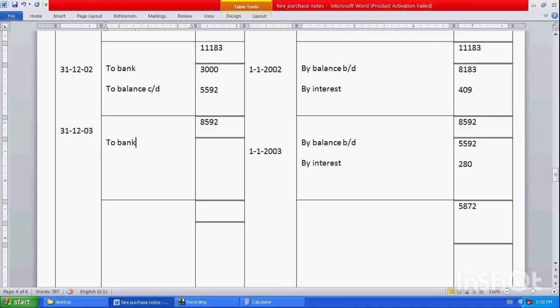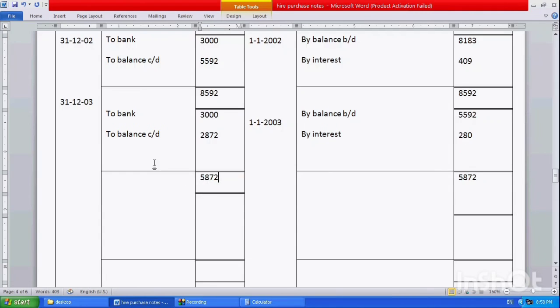To bank, how much do we have to pay? 3,000 as installment. So to balance carried on, how much? Look here, 5,872 minus 3,000. So the balance carried on amount is 2,872.